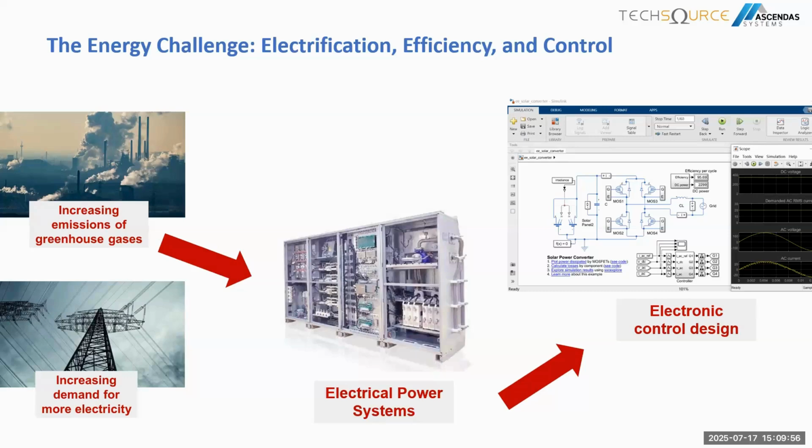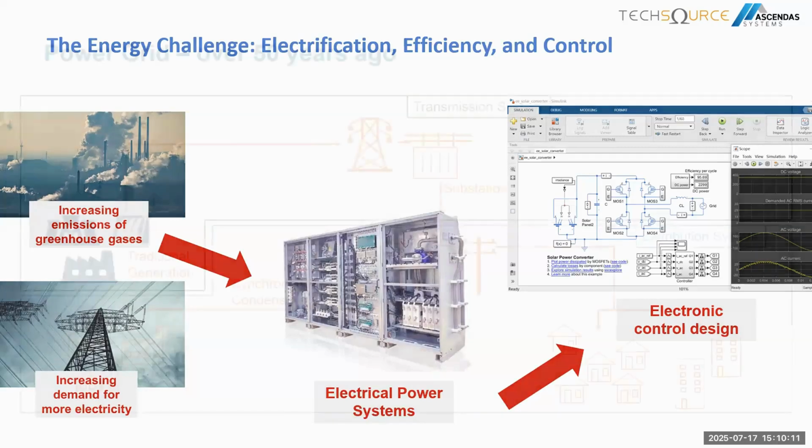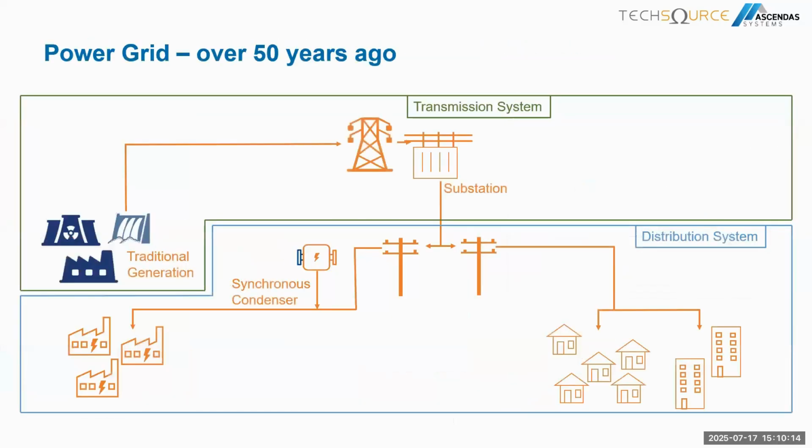The big picture is to address these increasing emissions and demand, and we need to design power systems and control strategies that are not only efficient but also flexible, reliable, and ready for the energy transition. Let's take a look at this diagram of traditional power grid systems, which were structured maybe 20 or 30 years ago.